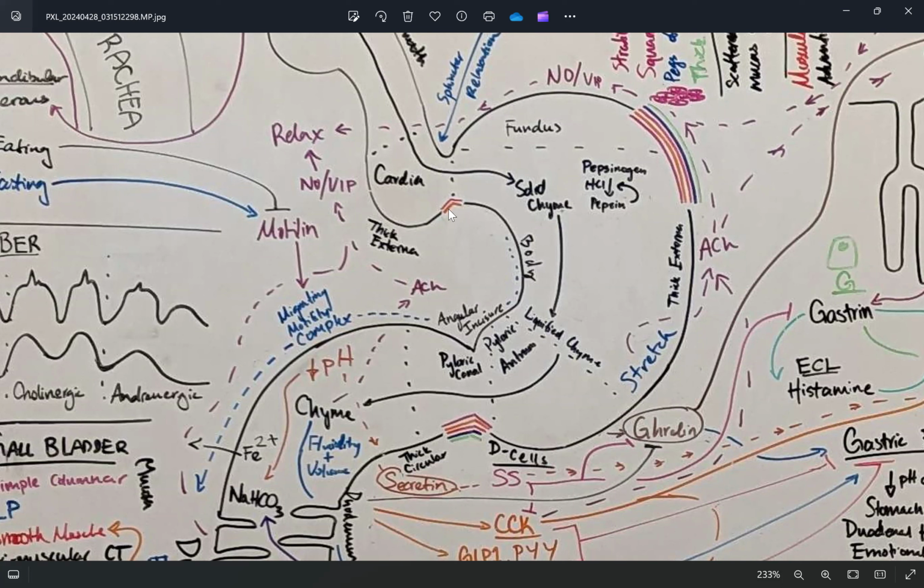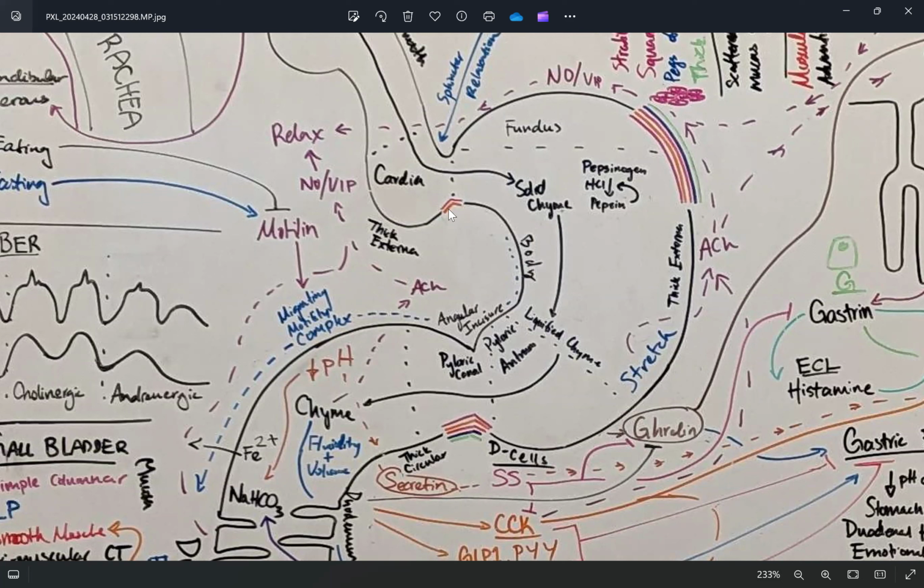The pyloric antrum, the bottom part of your stomach, does most of the mixing. As you do your peristalsis, that triggers the relaxation of the sphincter, which makes sense because if you're swallowing, you want to open that sphincter to let food into the stomach. That sphincter is there to prevent any reflux or any digestion of your esophagus by the stomach's acids.